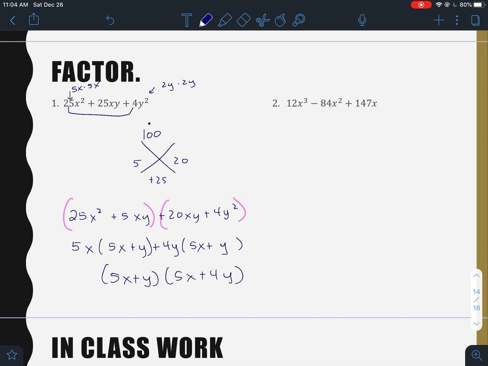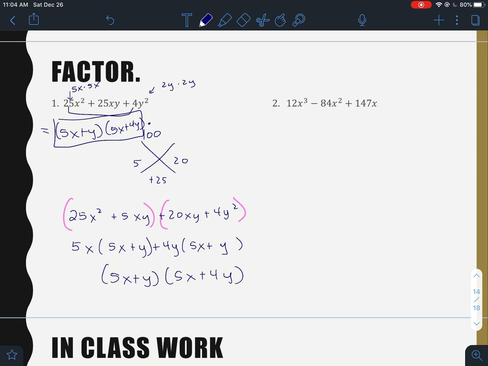And it worked, so we would have 5x plus y times 5x plus 4y. So this time, it didn't factor like a perfect square trinomial. So you've got to be careful. It won't always work the way that you want it to work. So just know that sometimes it'll be the trick and sometimes it won't. So maybe factoring the long way is in your best interest each time.